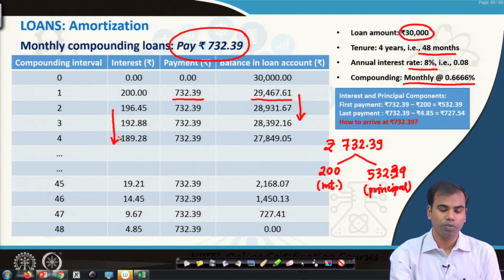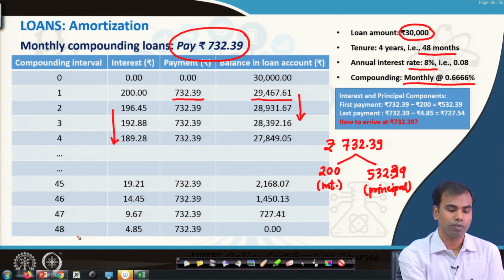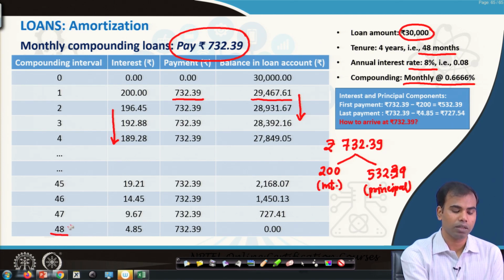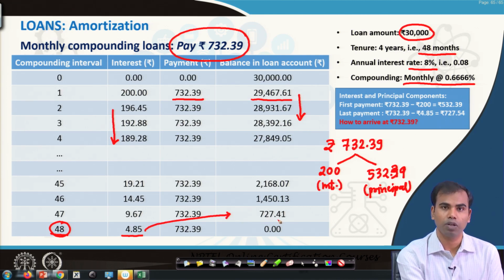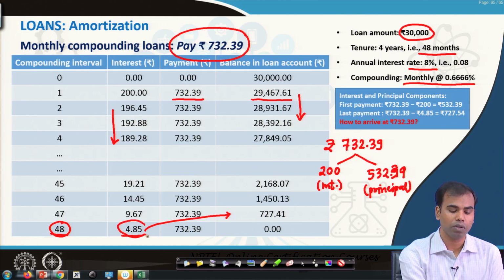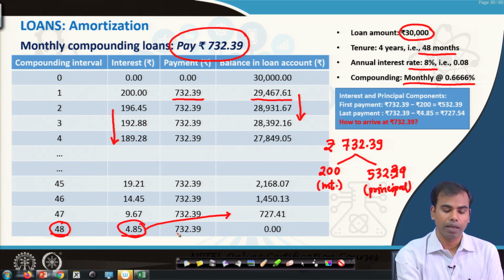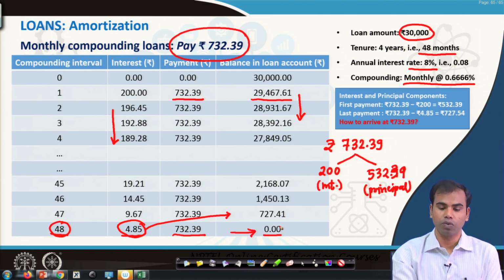So, when you look carefully at the end of 4 years, which is at the end of the 48th month, the amount of interest that has been charged on the previous month's balance, that is 727 rupees 41 paisa, is just 4 rupees 85 paisa, and the remaining 727.5 actually goes towards paying the principal, and thereby the principal amount has become 0.